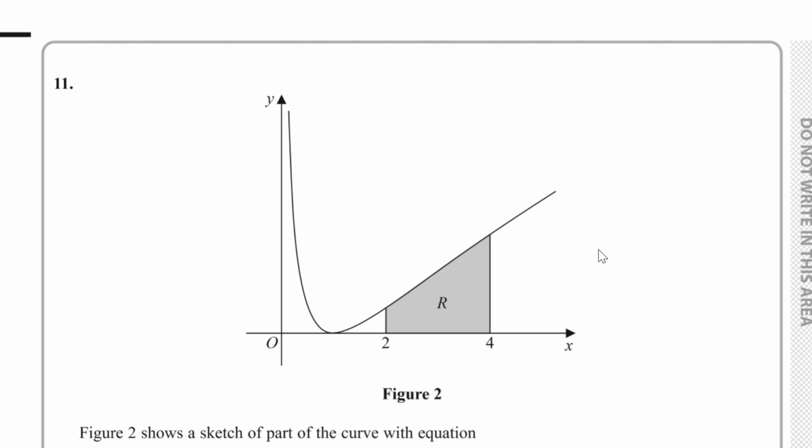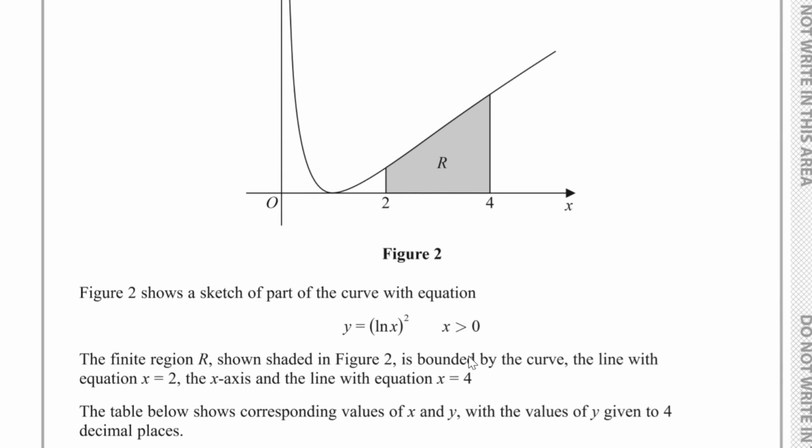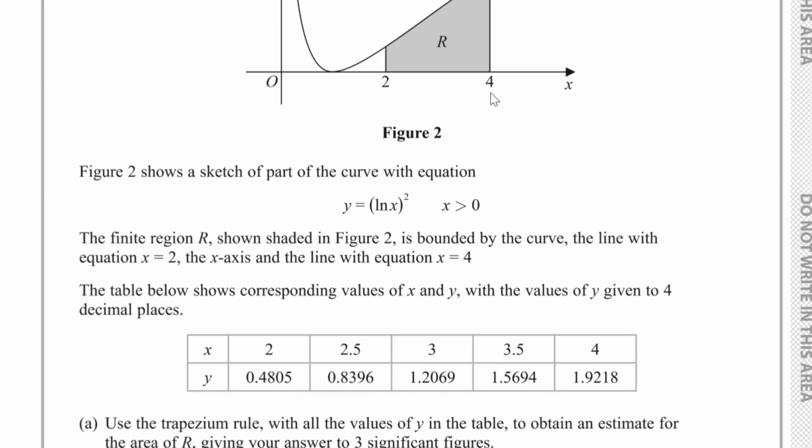Question number 11. Figure 2 shows a sketch of part of the curve with the equation y equals the natural log of x all squared, where x is greater than 0. The finite region R, shown shaded in figure 2, is bounded by the curve, the line with equation x equals 2, the x-axis, and the line with equation x equals 4.